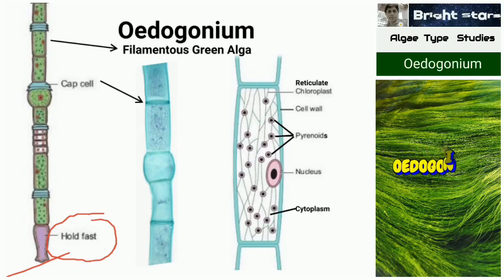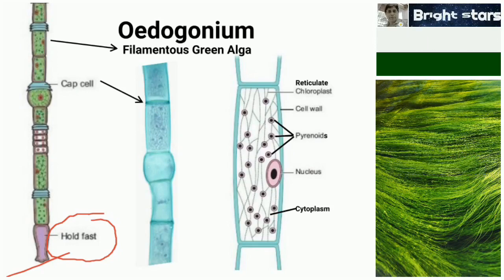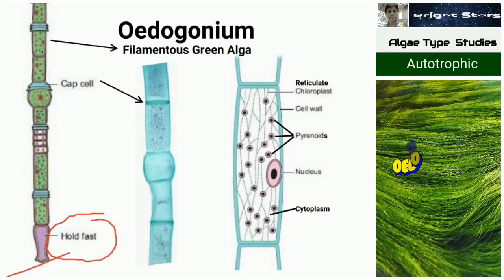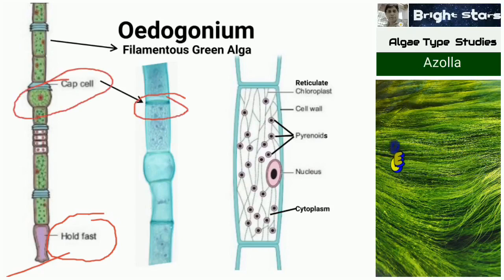It doesn't have any flagellum. It is fixed on some rock or wall or some plant with a structure called the hold fast, and here and there we can find cap cells in between the different cells.